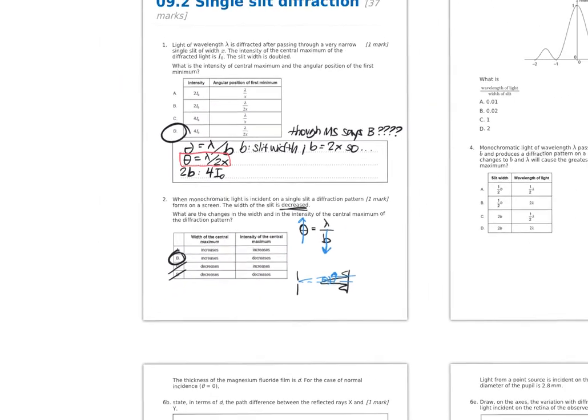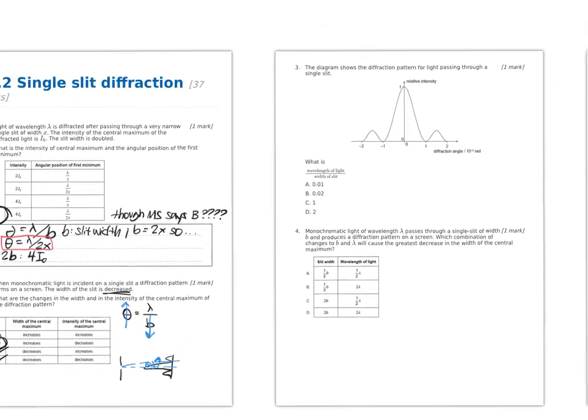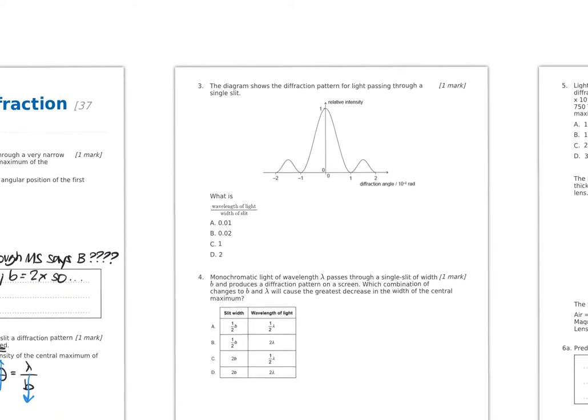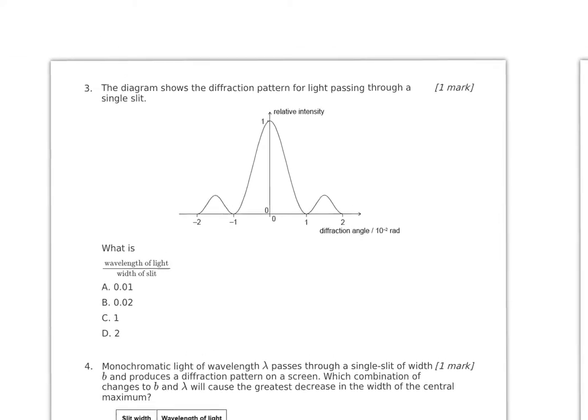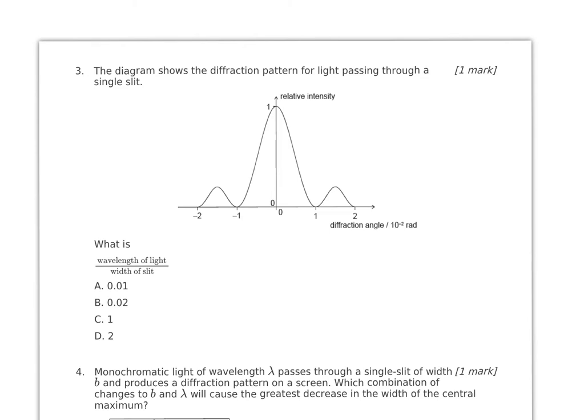Okay, that's number 2. Let's go to number 3, which I believe is over here. Zoom in. There it is. All right, the diagram shows the diffraction pattern for light passing through a single slit. What is the wavelength of light divided by the width of the slit? So let's turn that into variables.